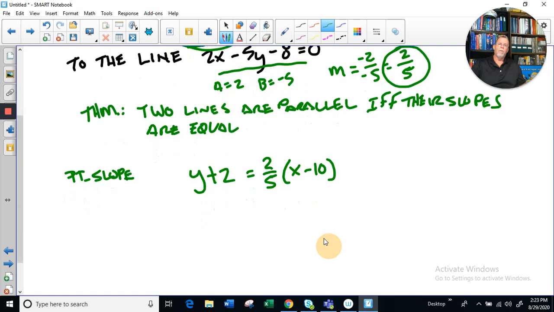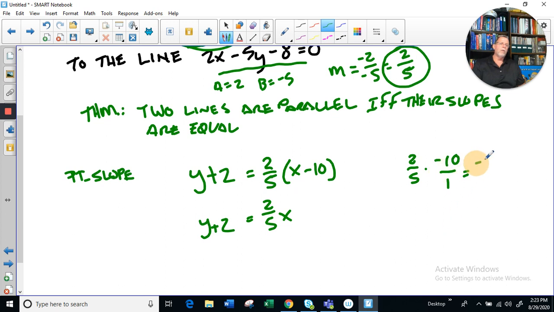So we have this. So now, again, we only need two steps to get to slope-intercept form. First we distribute. We leave this side alone, and we distribute. 2/5 times x is that. 2/5 times -10. Remember, you're doing 2/5 times -10 over 1.